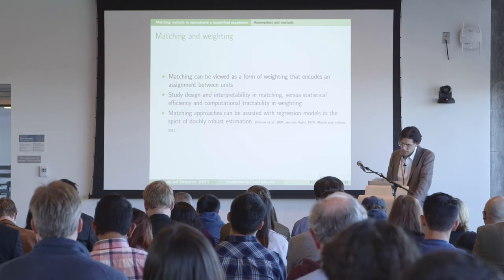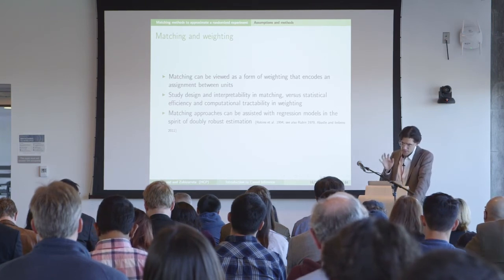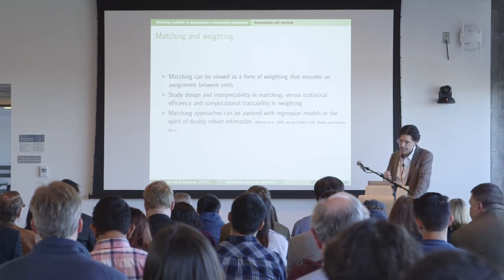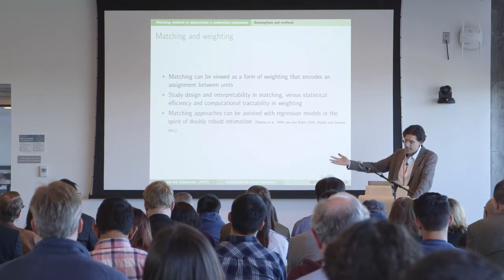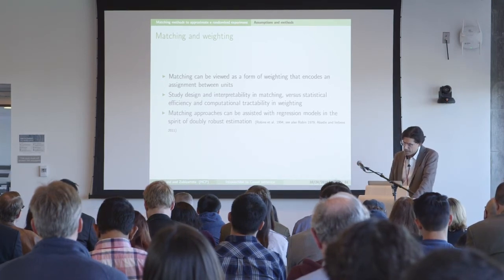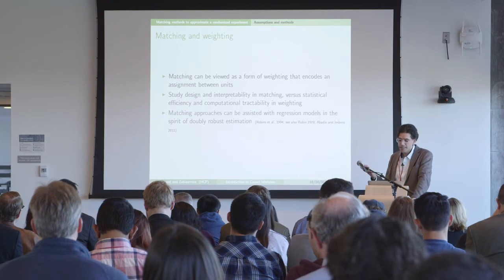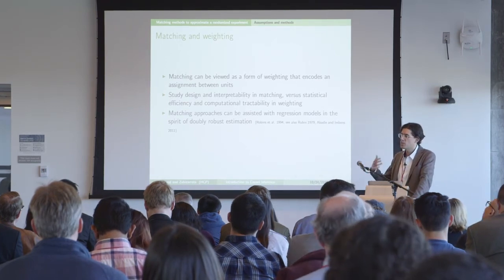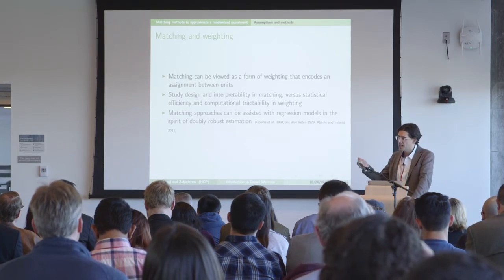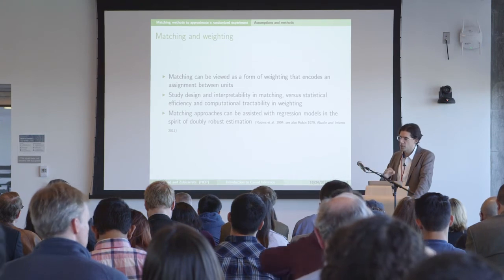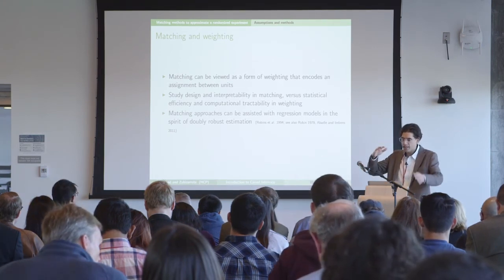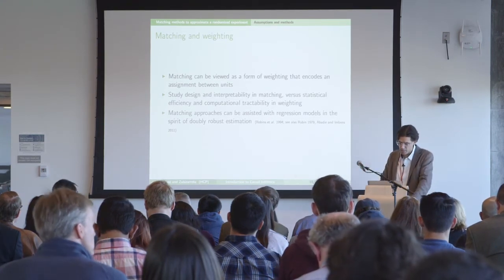On one side of the spectrum, I would say there's matching, which emphasizes study design and interpretability. And at the other side of the spectrum, there's weighting, which emphasizes statistical efficiency and computational tractability. Those algorithms are a lot more tractable than the ones we're using here, even though we can handle large data sets, as I said before.